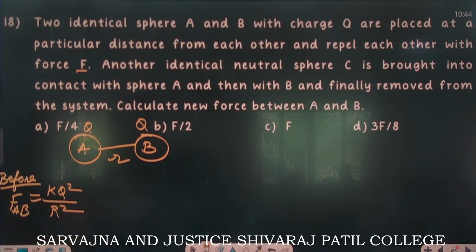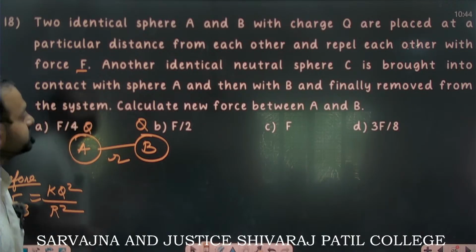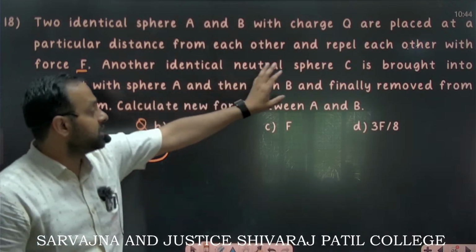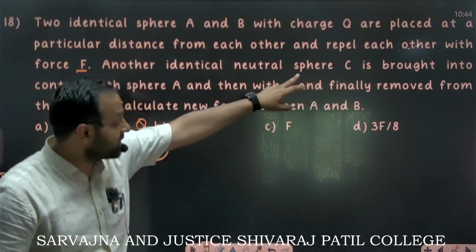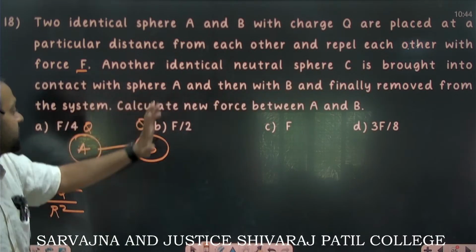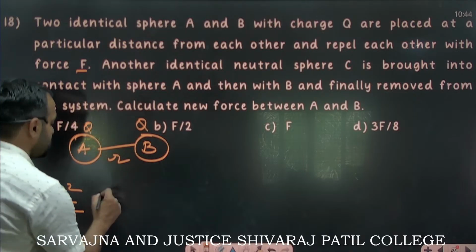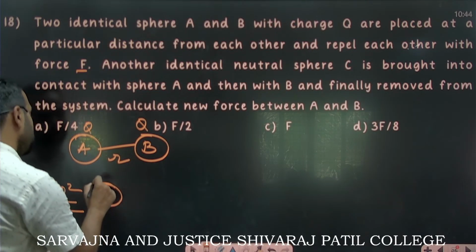Before C is brought in contact with A and B, the force between A and B is KQ square by R square. Then what are they doing? Another identical neutral sphere C is brought into contact with sphere A.